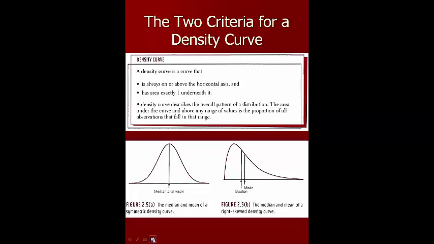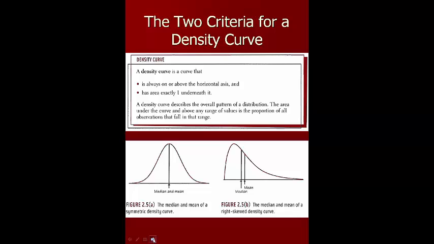We will come to know that very soon as a normal curve because it is symmetric. And we notice that the mean and the median are in the same spot. Figure 2.5b, the mean and median of a right skewed density curve, and we see that once again the criteria means that the curve has to remain above the horizontal, and the area underneath the curve has to equal 1.